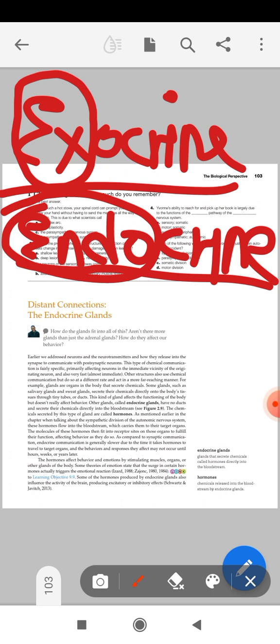Some of them we may study in detail, and some of them will not be required to be covered in detail.